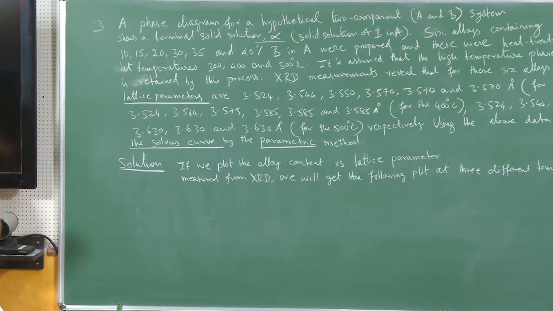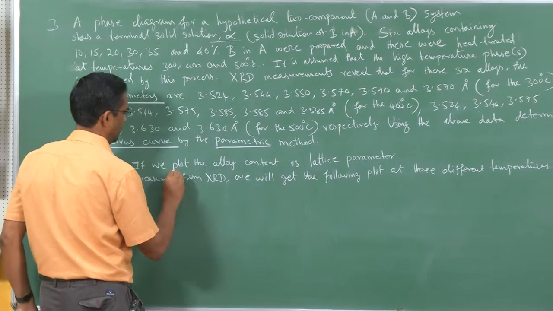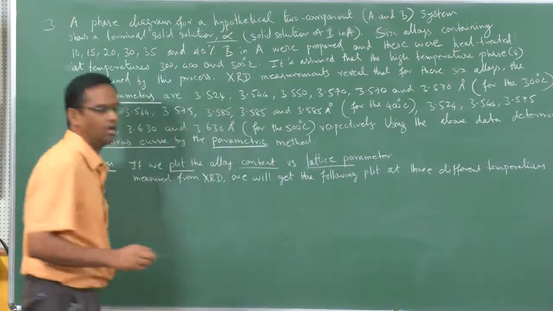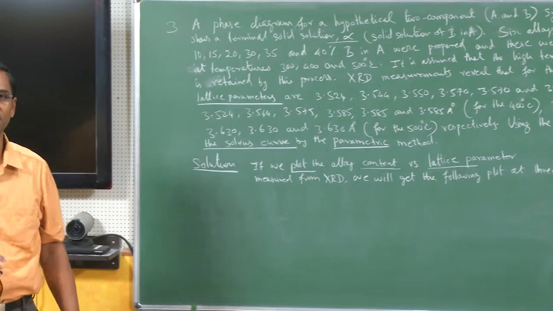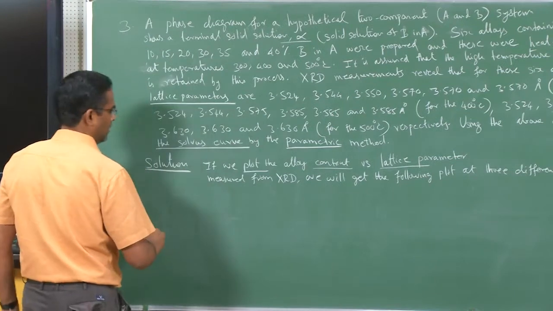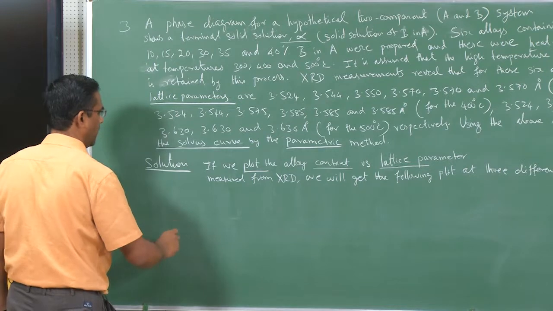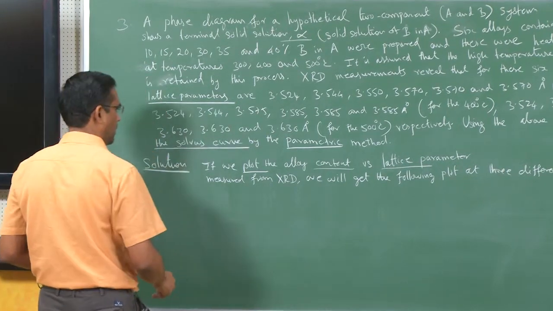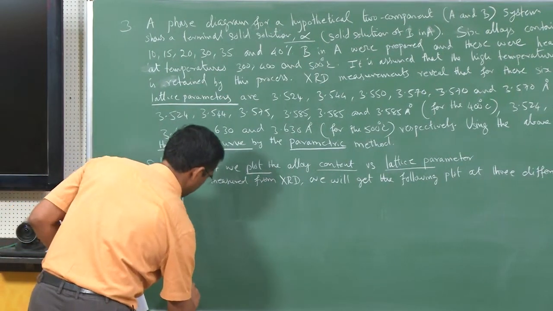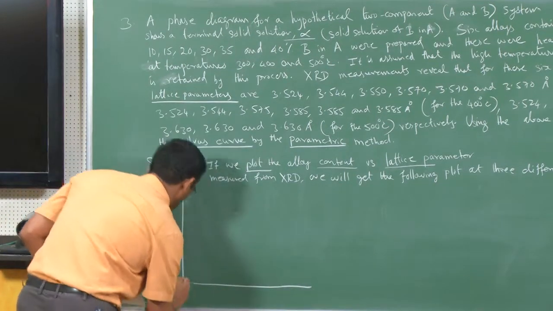So, how do we proceed? If you plot the alloy content versus the lattice parameter you obtained from the X-ray diffraction, we will get the plot for the different temperatures. It is basically lattice parameter versus alloy content.